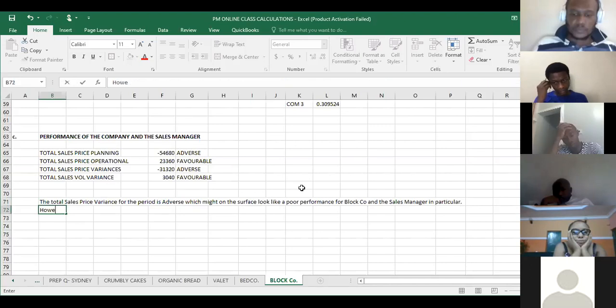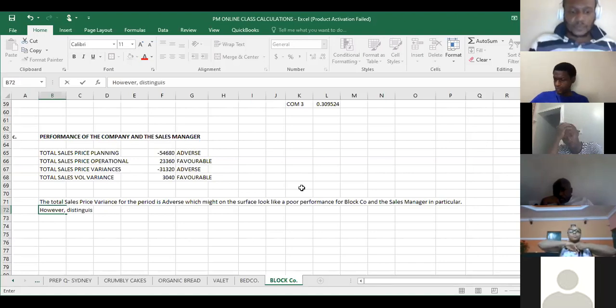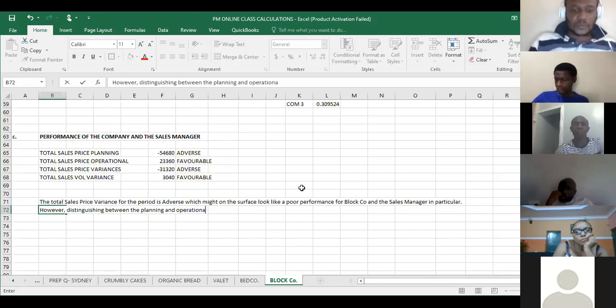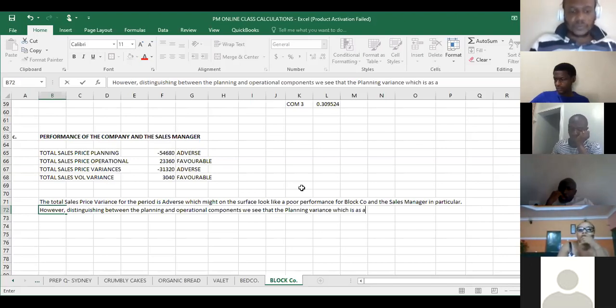However, distinguishing between the planning and operational components, we see that the planning variance is as a result of the economic recession more than any other thing.